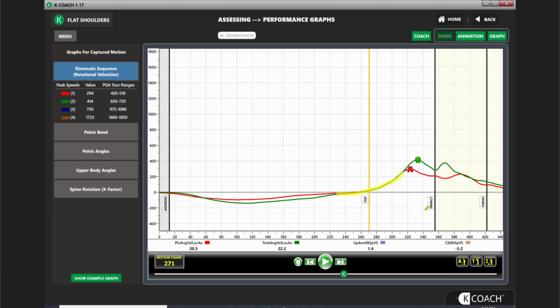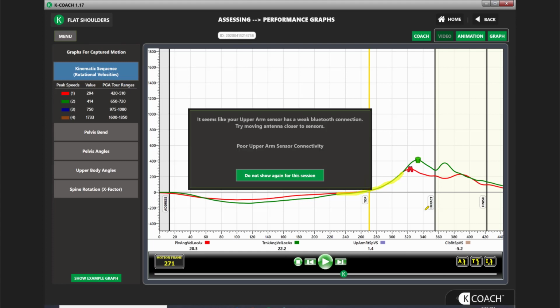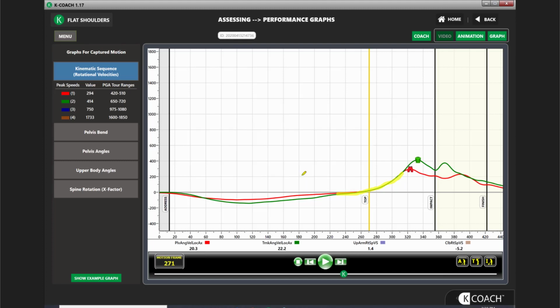So the pelvis is never really accelerating more than the torso, and there's never any separation. There's not a lot of core loading going on in this particular player, where the pelvis is stretching and creating additional stretch against the torso segment before the torso starts to speed up.